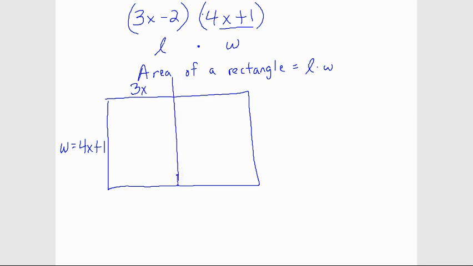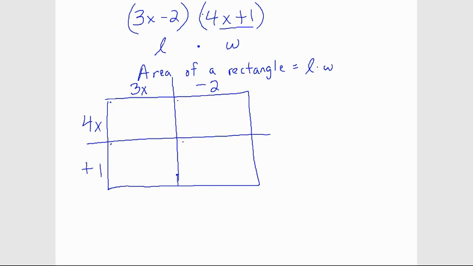So this is a dimension of 3x, and this is a dimension of negative 2. And then you probably guessed it, I'm going to go ahead and set this up in a similar manner. I'm going to do 4x up here. I'm going to do a plus 1 down here, or you can just write 1. And so what we're doing is finding the area of each individual rectangle.